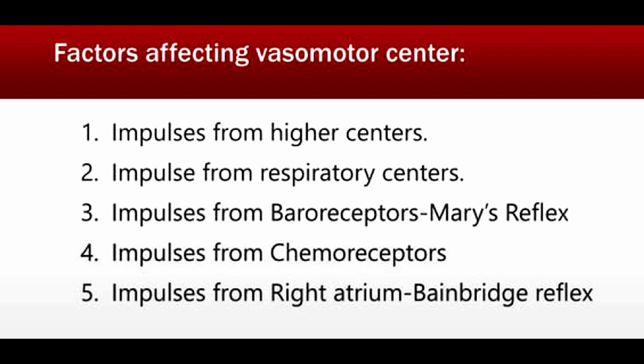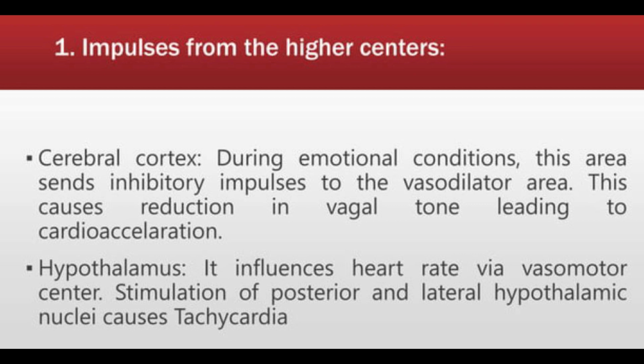What are the factors that affect the vasomotor center? Impulses from the higher center, impulses from the respiratory center, impulses from the baroreceptors, impulses from the chemoreceptors, and impulses from the right atrium, the Bainbridge reflex. What are the impulses from the higher center? That could be due to either the cerebral cortex or the hypothalamus.